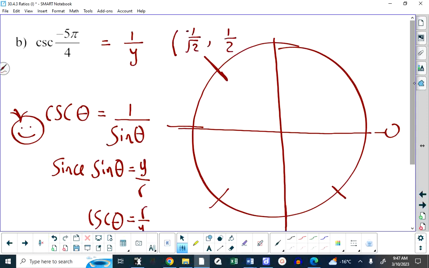In this case, x is negative and y is positive. So y is 1 over root 2. That means the reciprocal is root 2. The cosecant of negative 5 pi over 4 is root 2. The reciprocal of y.